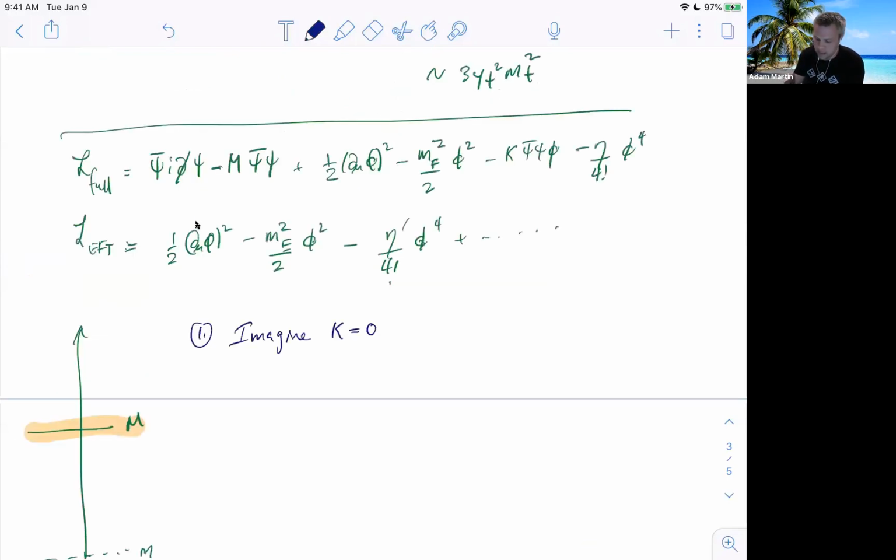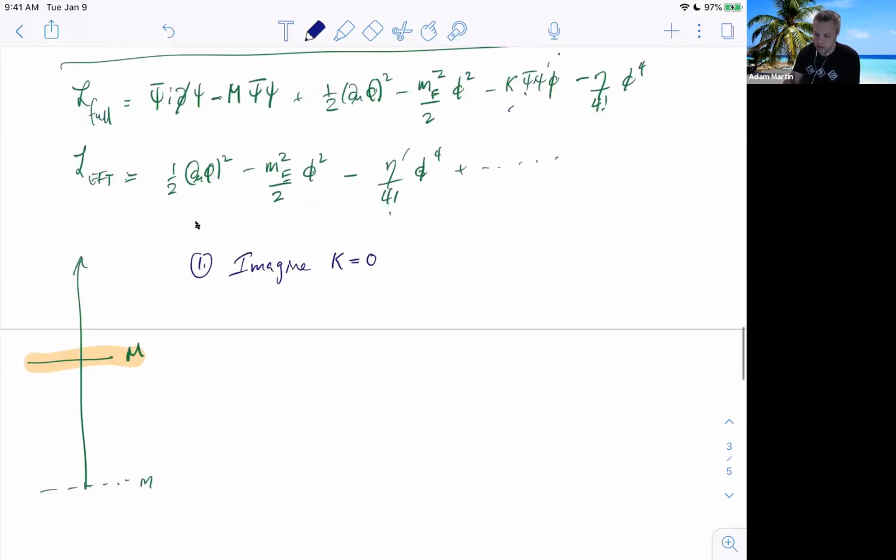So we're going to imagine temporarily shutting off that interaction that connects fermions, the heavy particles, to scalar. Totally legit to do, but I'm going to turn it off for now, and we would see what would happen. So here, in the full theory, the only vertex is this guy. In the EFT, the only vertex is this guy.